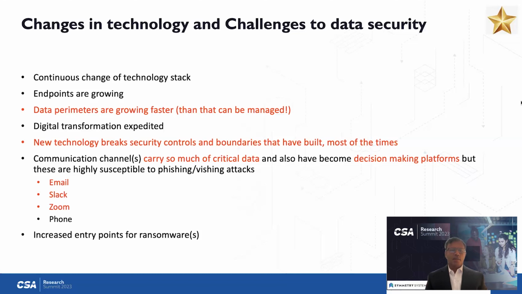Second, data is flowing through a lot of communication channels: email, Slack, and Zoom. These carry critical data, and some of them have become decision-making platforms as well. What it means is they do have critical data, and senior management go and approve in these communication channels.